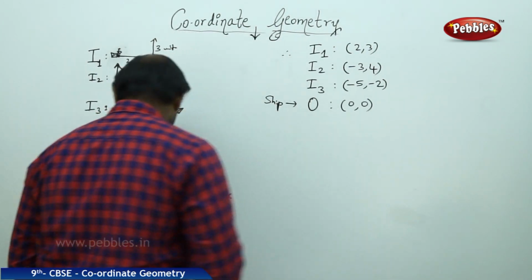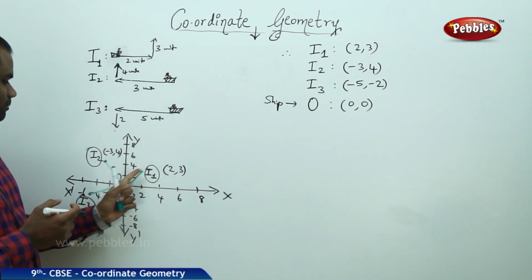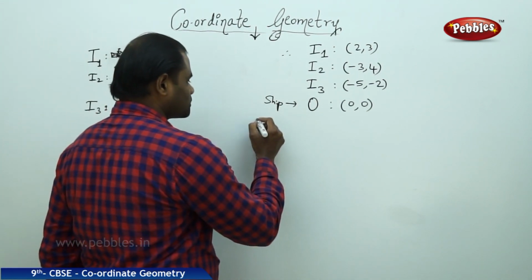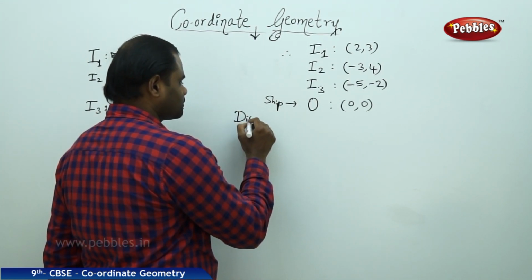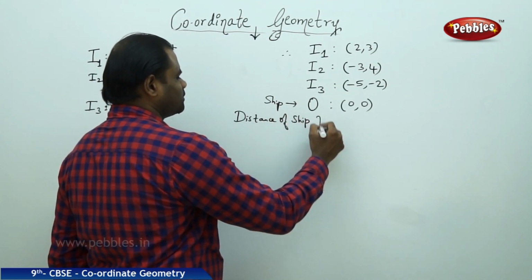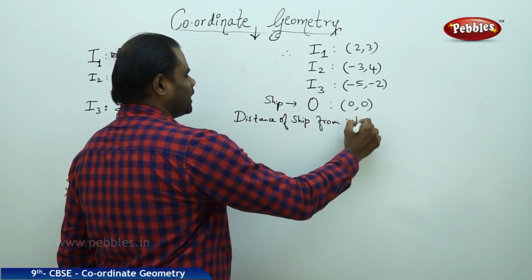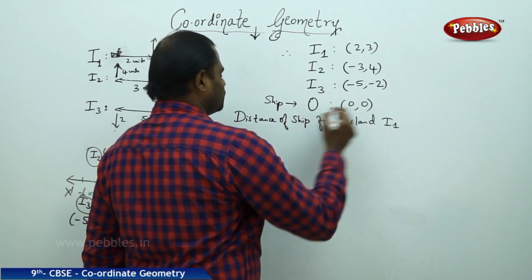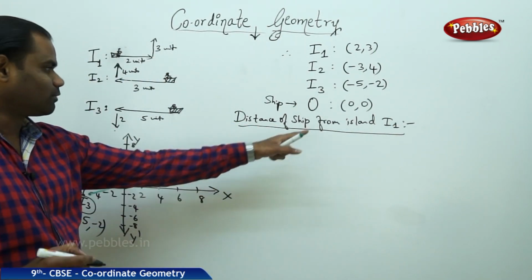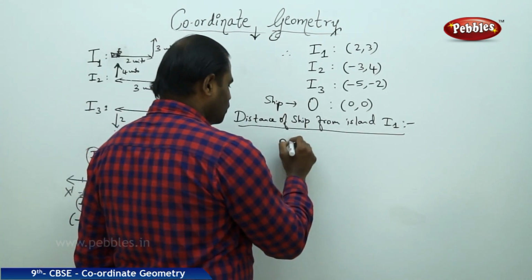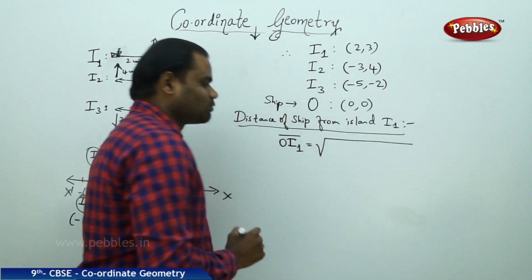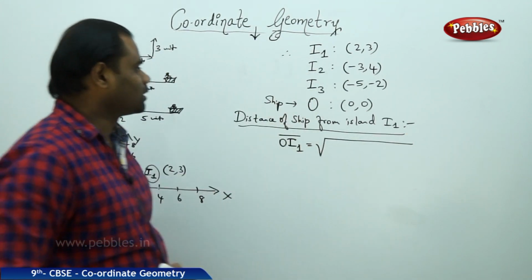So let's first find the distance of the ship from island 1, which is from O to I1. Clearly, the distance of the ship from island I1 is OI1, and this can be found by using the distance formula between O and I1.